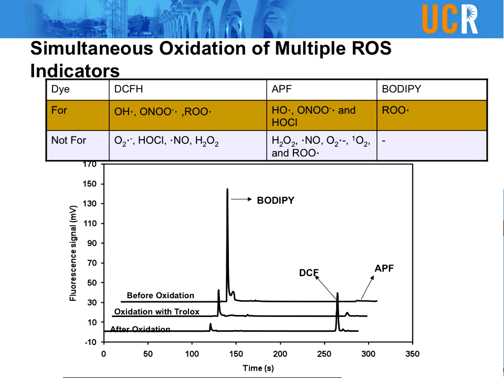And then here is the experiment we did by adding multiple dyes to confirm it's something similar to peroxide radical, because we use the DCFH, APF, and a modified dye. The modified dye can respond to peroxide radical, and APF responds to hydroxyl radical and also other types of oxidative species.